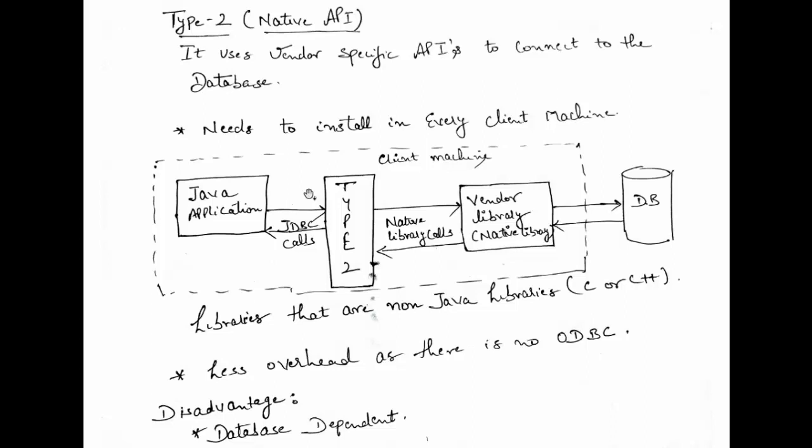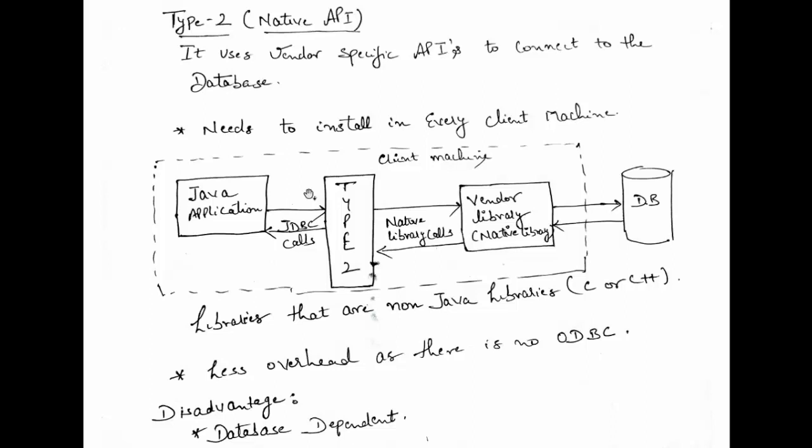There is less overhead because there is only a single level in which the calls are transferred: JDBC calls are converted into the database specific native library calls. In the type 1 driver, there were two levels: first the JDBC call is converted into an ODBC call, and the ODBC call is again converted into the database specific call.